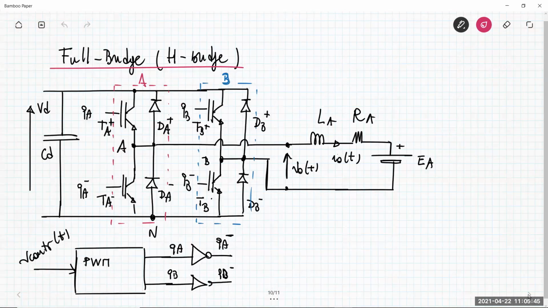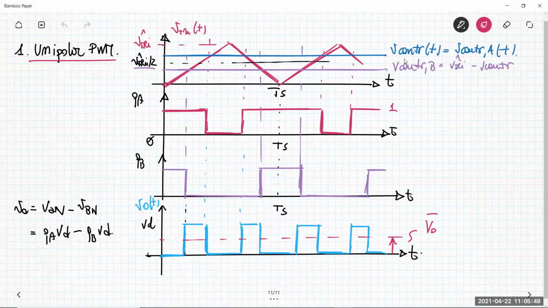And this is exactly the case I drew here. My control voltage, the blue curve here, is larger than half the peak value of the triangular waveform. So I'm expecting the output voltage V naught to be positive.